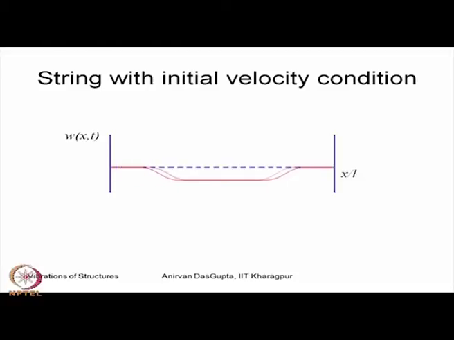So, this is another example. These behaviors are transient behaviors. We have looked at various examples in which the motion of the system is in terms of propagation of waves in the system.